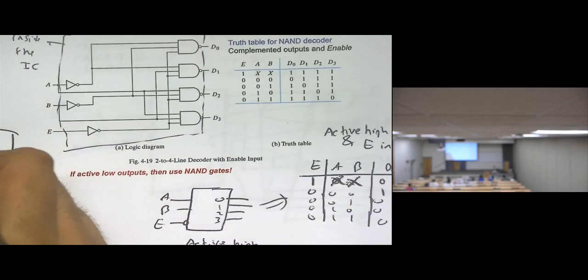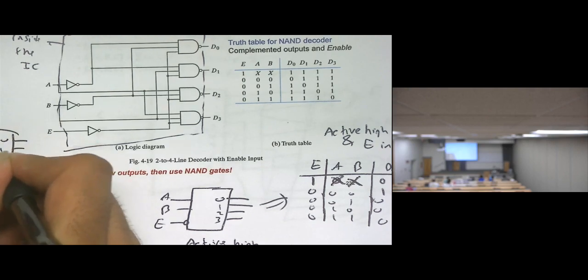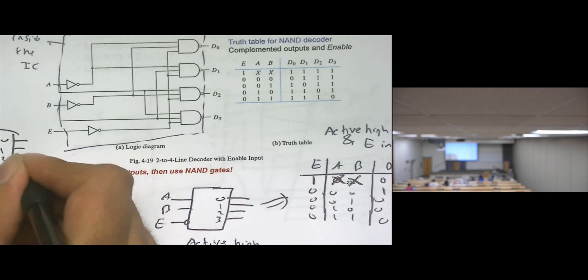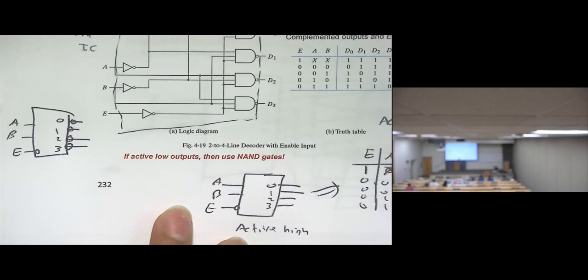Here is the enable, here is B, here is A, 0, 1, 2, 3. In this case, there should be a bubble at all of them. Why? Because it's active low.